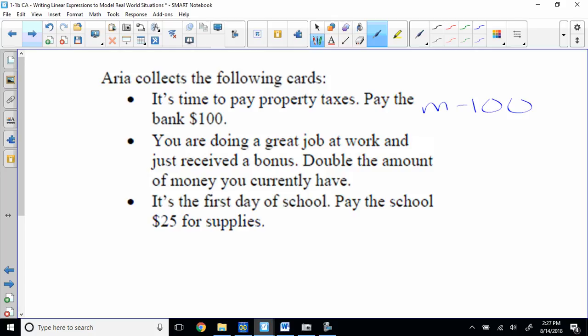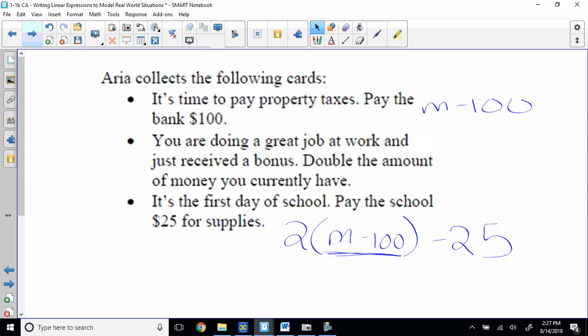We're going to say 2 times M minus 100, which represents the amount of money that she currently has, and we're going to double it. 2 means to double. 3 would mean to triple. Good. Now, still got to pay what? Minus 25. Any questions about this? Which particular expression goes with this scenario? Excellent. Good job.